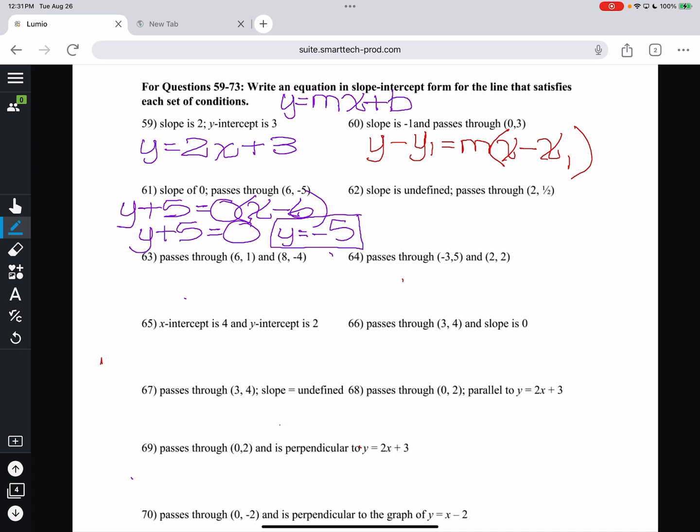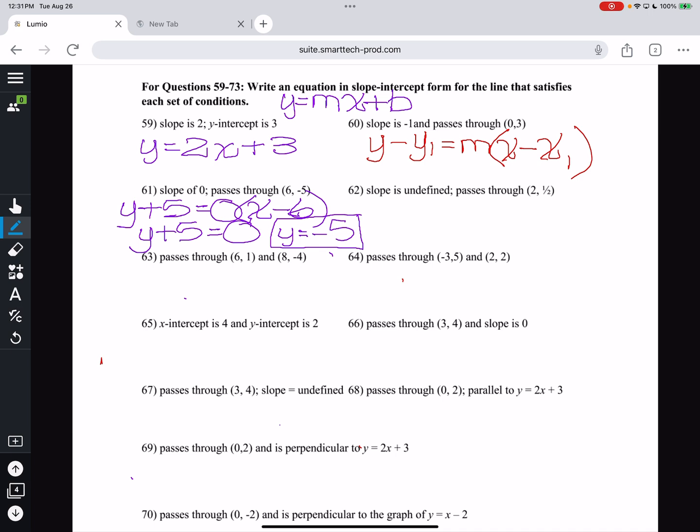So, what if you're told the slope is undefined? What does that look like? Undefined is not the horizontal, the 0 is horizontal. Undefined is our vertical. It's straight up and down. It can't be a function because the x values are repeating.